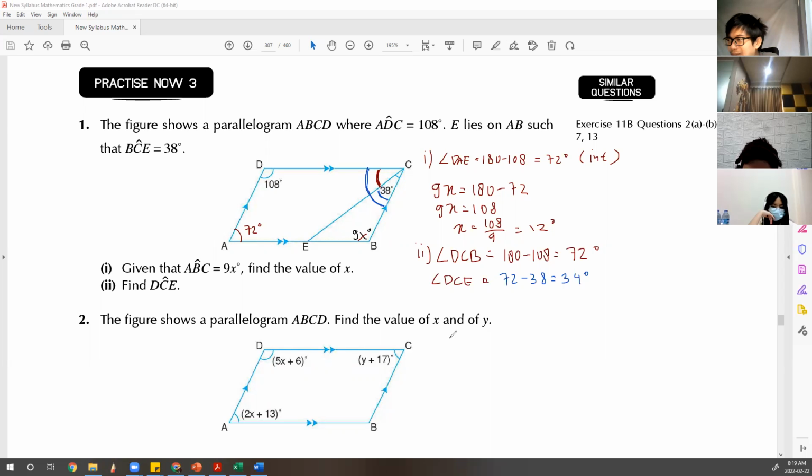Now, question 2. Algebra. Okay, how do we deal with algebra? Calm. Look at this. Think properly. If you look at this, it's quite hard. It's so complicated. But again, try to focus your mind. Think, what are those? We have three angles, right? So it can be 5x plus 6 and 2x plus 13. It is an interior angle also, right? So it sums up to 180. And this is also an interior angle.